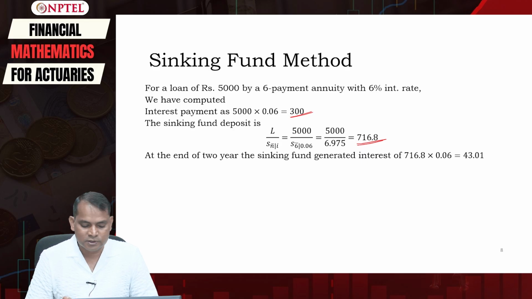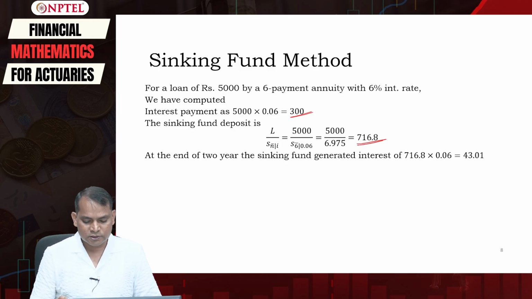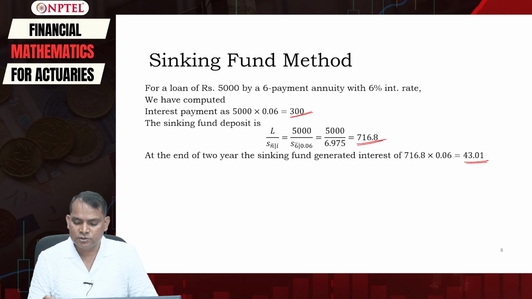You can take this formula to compute the sinking fund deposit. At the end of 2 years, the sinking fund generates interest of 6% of 716.81.